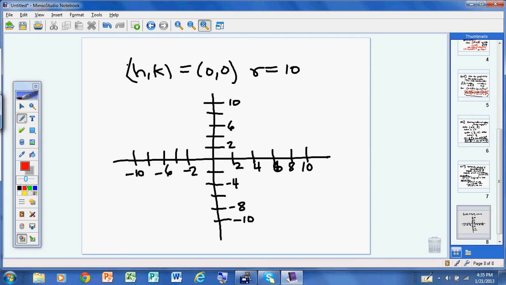Our starting point is 0, 0. On your graph it may actually be all by 1, so you would go out to the 10 if that's the case. But if the radius is 10, you're going to keep pulling out this way until it clicks out here to the 10. And what happens is it actually pulls all the way around, and my graphs are not perfect.